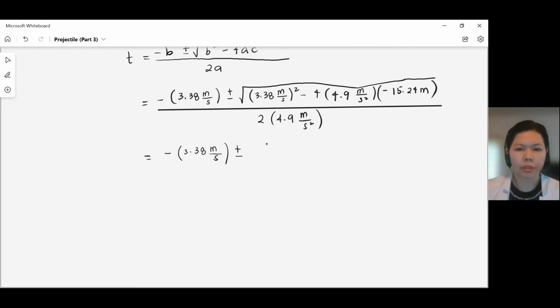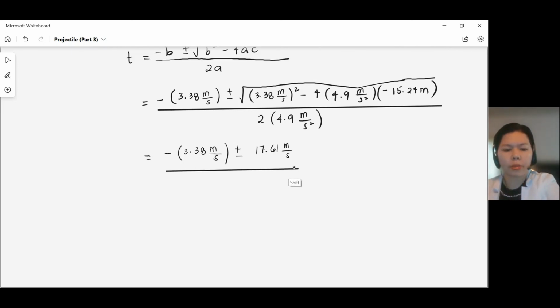You should get an answer of 17.61 meters per second. And I'll copy the denominator: 2 times 4.9 meters per second squared.